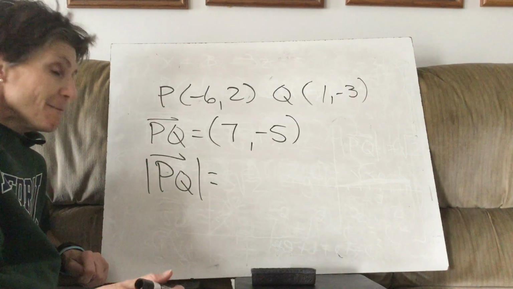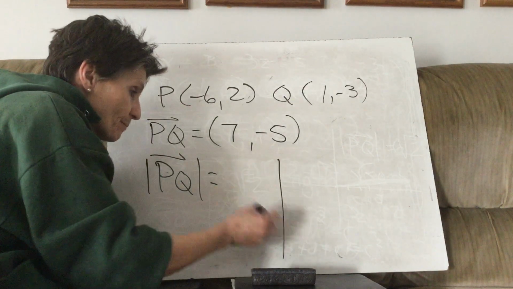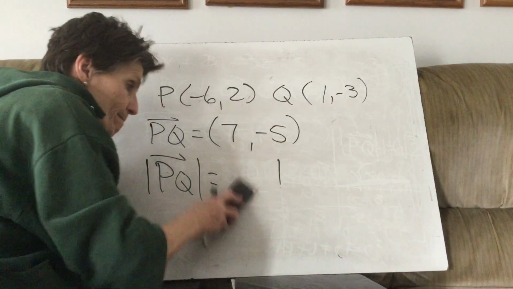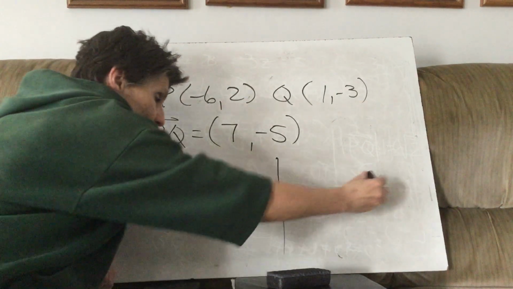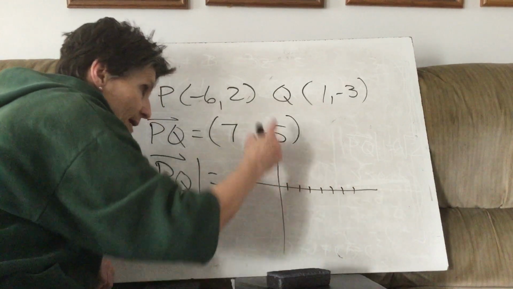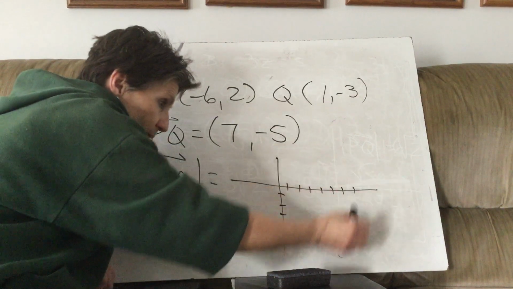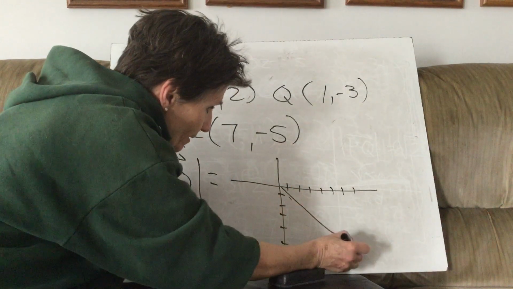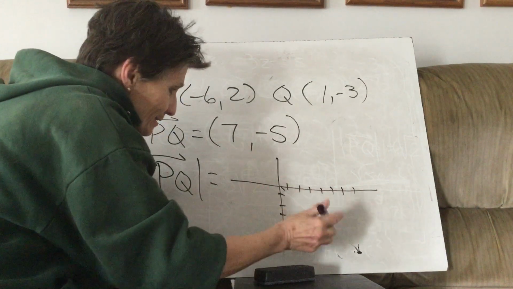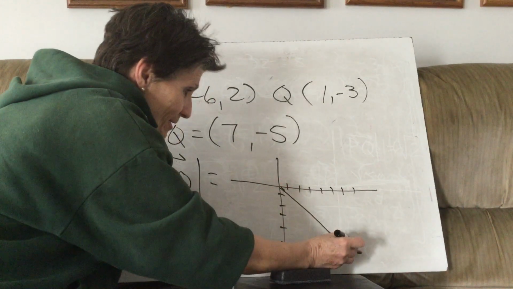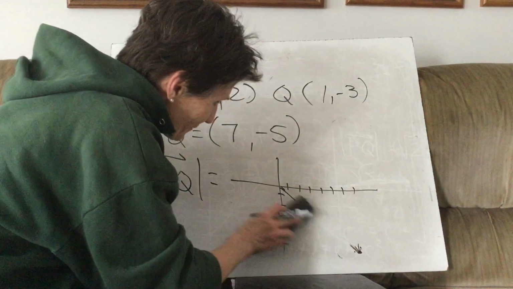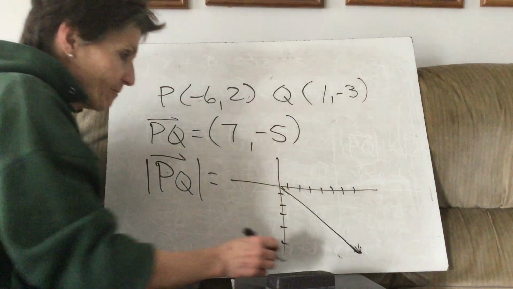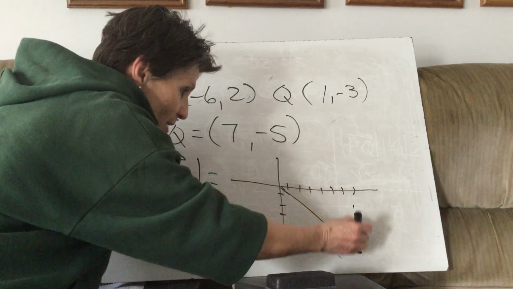And now we got to find the magnitude of that. So we're going to count over 7 and down 5. So here we are down here, over 7, down 5. Here's our vector. So I'm going to make my triangle.